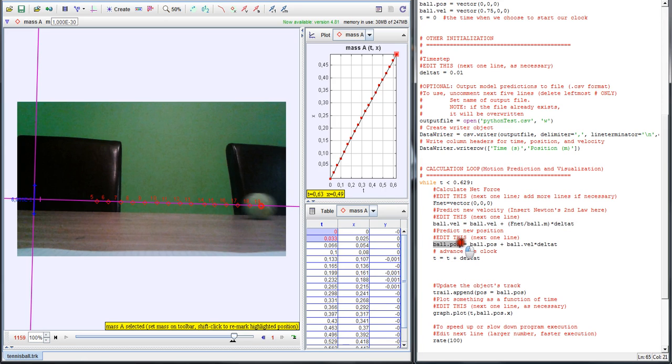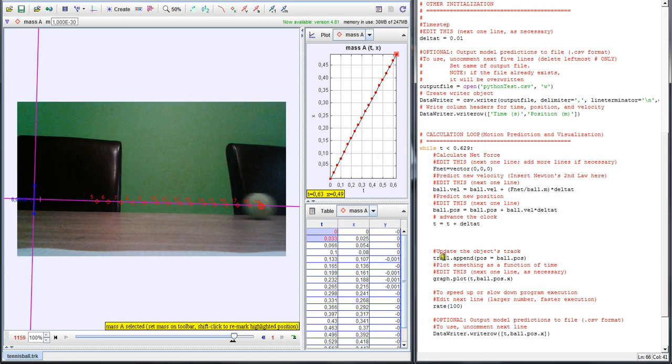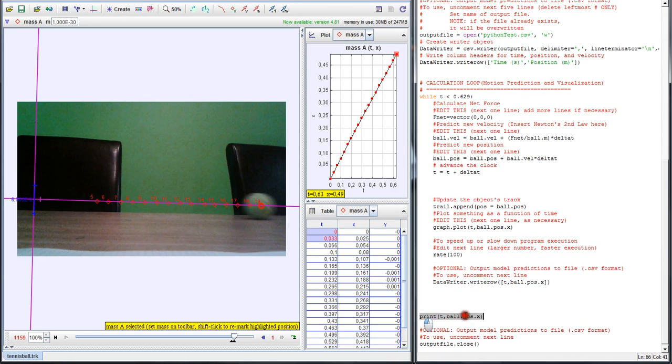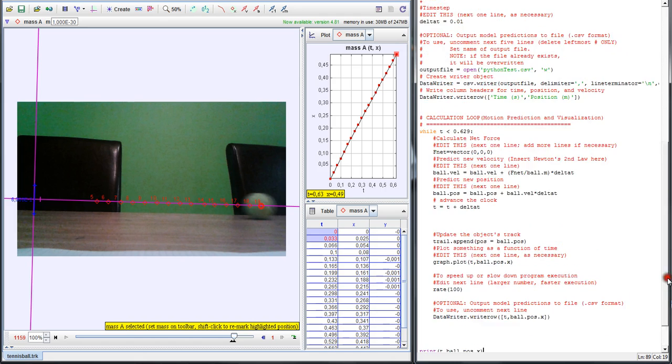Here we had to calculate a new position of the ball each time the frame progresses. So the final position is the initial position plus the ball velocity times delta t. We had to print the ball in each successive frame.